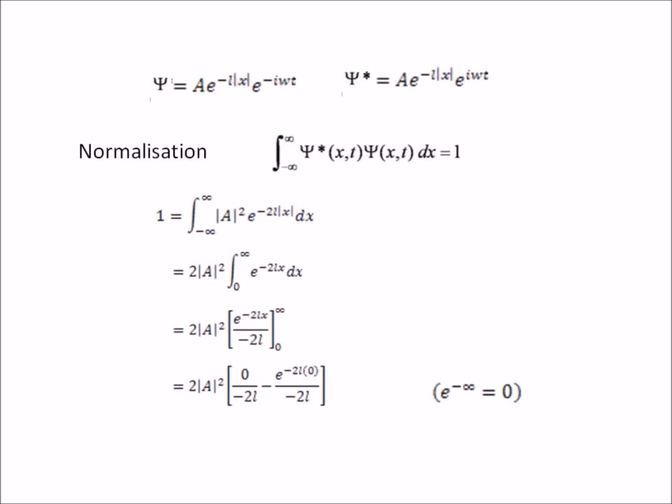In brackets we get 0 upon minus 2L, that is 0, minus e raised to minus 2L into 0 divided by minus 2L. So e raised to 0 is 1, and hence the solution is 2 mod square A into 1 upon 2L, or further we can write mod square A into 1 upon L. So this gives A equal to root L.